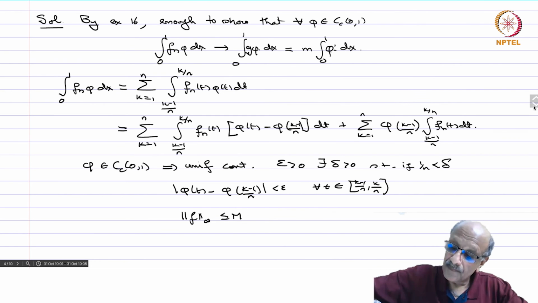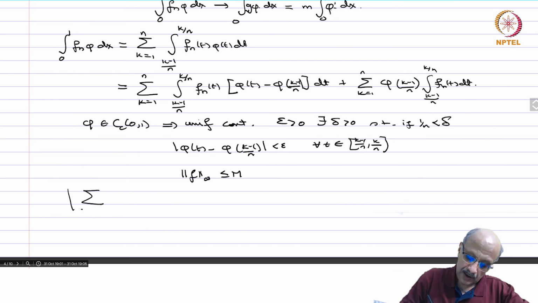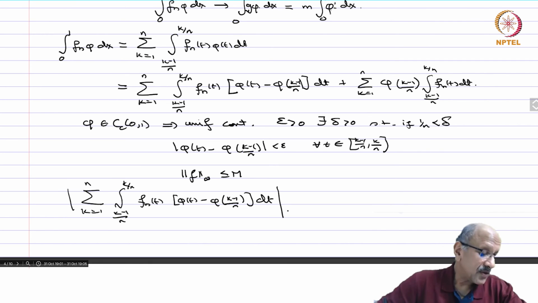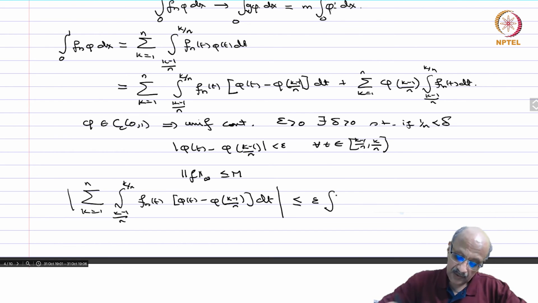So let us look at the first term. So the modulus of the sum over k equals 1 to n of the integral from (k-1)/n to k/n of fn(t) times (phi(t) - phi((k-1)/n)) dt. Taking the modulus inside, this is less than epsilon times the sum of the integrals of |fn| over each interval, and that is the integral from 0 to 1 of |fn(t)| dt.